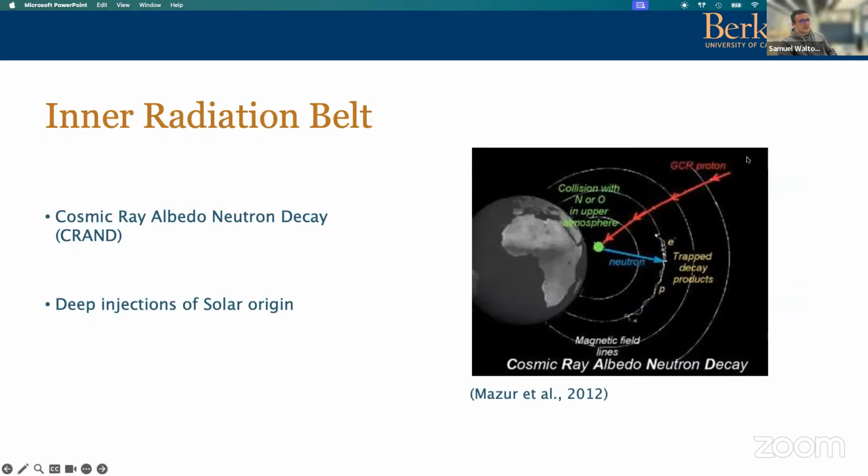Essentially, a cosmic ray impacts the Earth's atmosphere, a decay process happens which releases charged particles, which then become trapped in Earth's magnetic field. But what I hadn't heard too much of is that very deep injections containing particles of solar origin are actually a big factor in the inner radiation belt's dynamics as well.